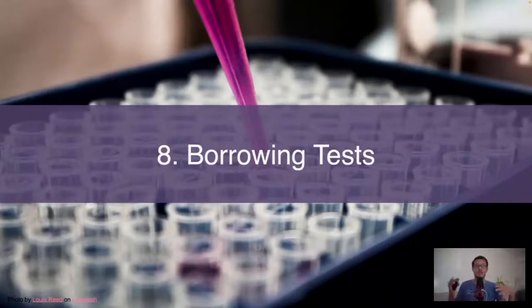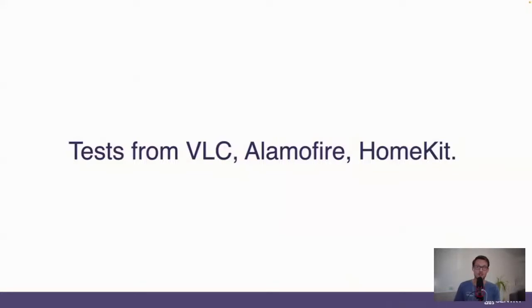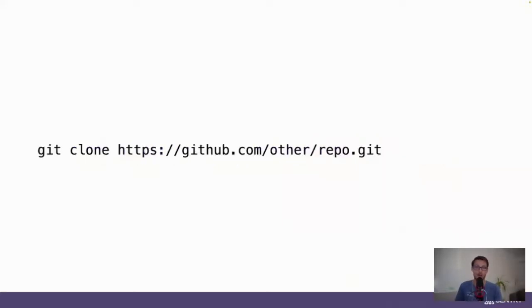So instead of writing a huge test suite to test every possible scenario of UIViewControllers, we thought, why don't we just borrow the tests from other open source projects, add our library during the tests, and just run the tests and see if they succeed? So how do we do this?